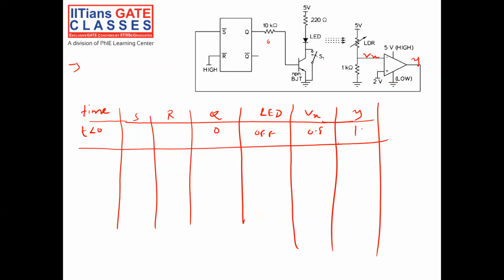That means Y is equal to 1. So t less than 0, LED is off is given. From this condition, Q is equal to 0 and Y is equal to 1. Since Y is equal to S bar, S is equal to 0 and R is already 0 given. So this is the condition for t less than 0.